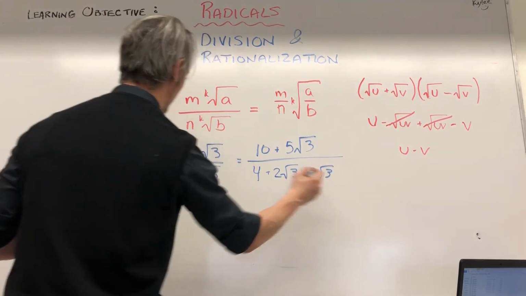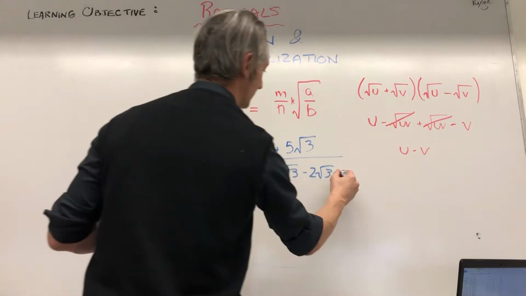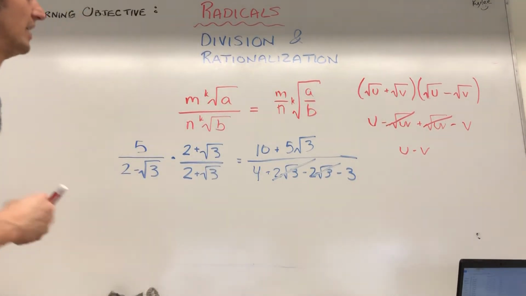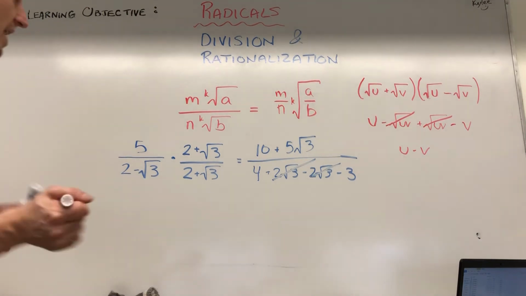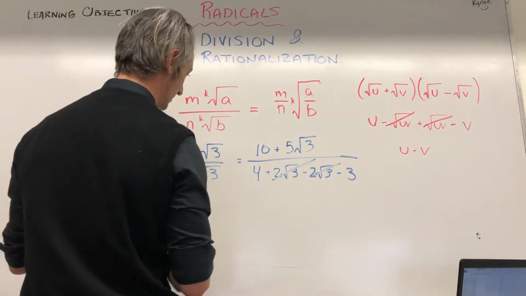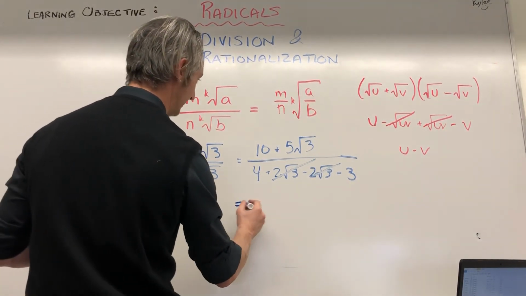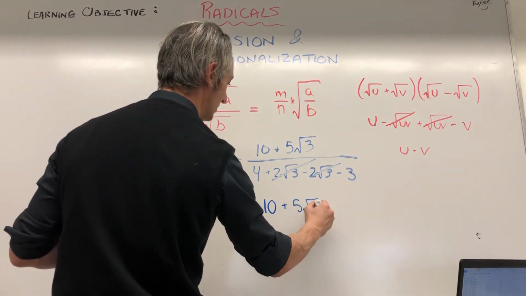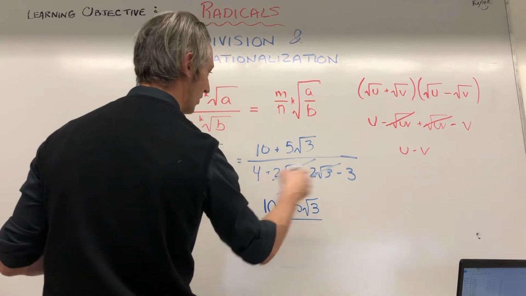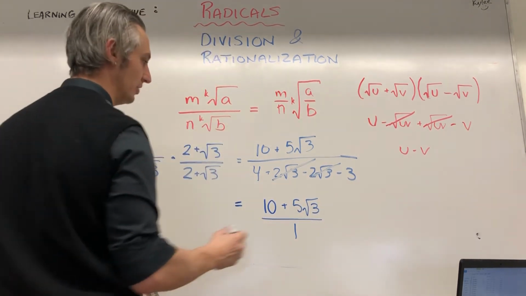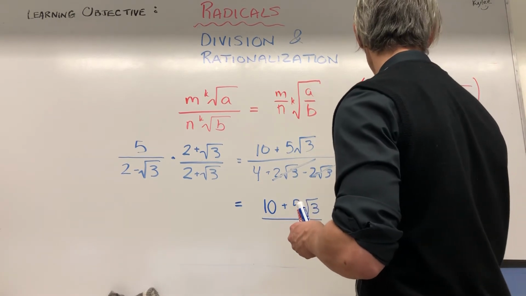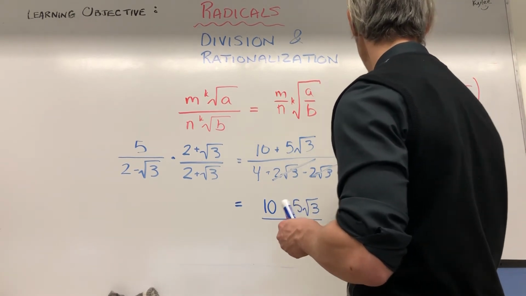And then I'm going to get negative root 3 times root 3 is minus 3. Then this is going to cancel out. So now I have no more radicals in my denominator. And this will finish off as 10 plus 5 root 3 over 4 minus 3 is 1. Over 1, which is just 10 plus 5 root 3.